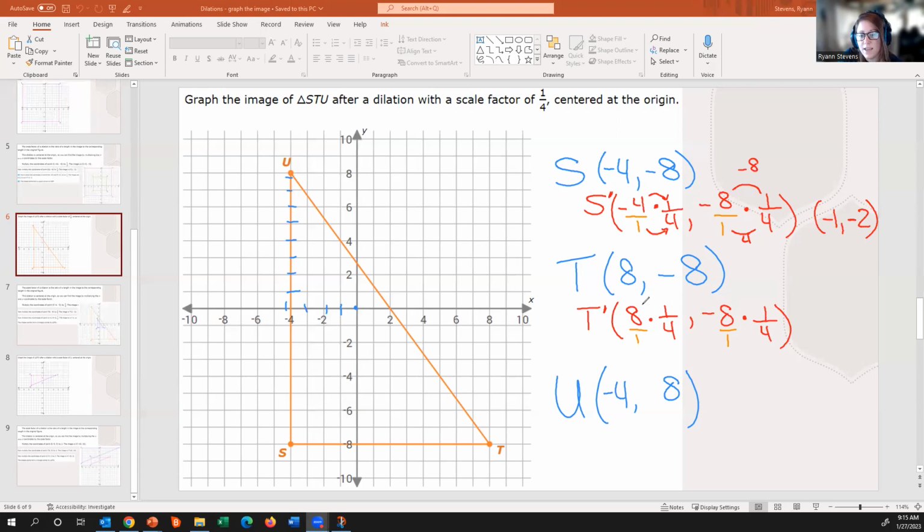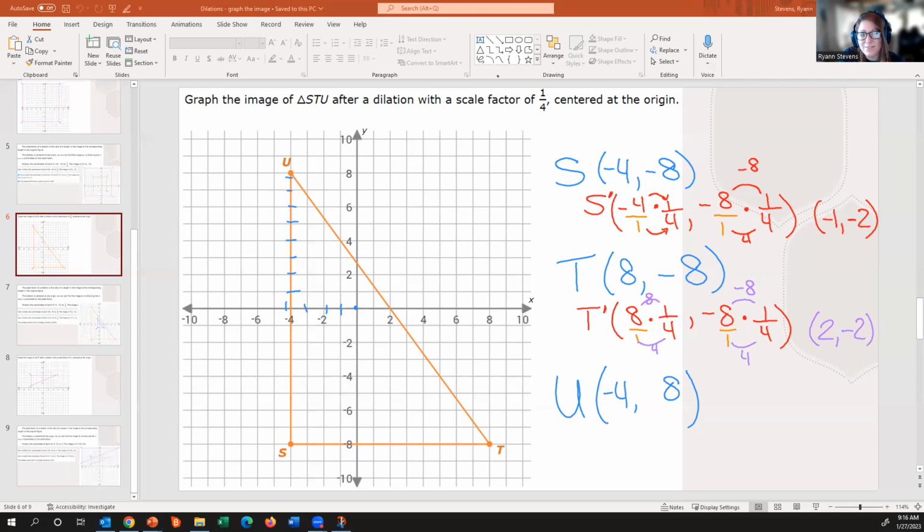And then we have +8, which would give us an 8, and 1 times 4 is 4. So then we divide. Remember, fractions are division, so 8 divided by 4 is a +2. And then -8 times 1 is a -8. 4 times 1 is 4, so this would give us a -2.